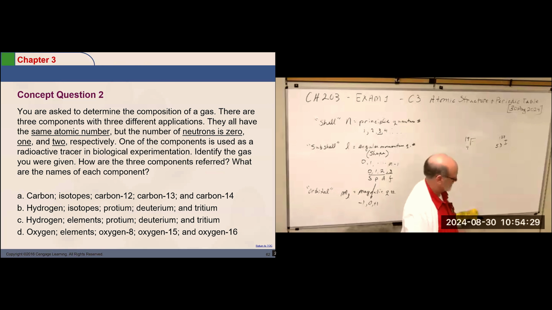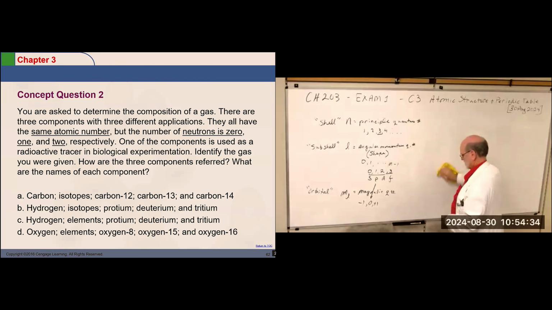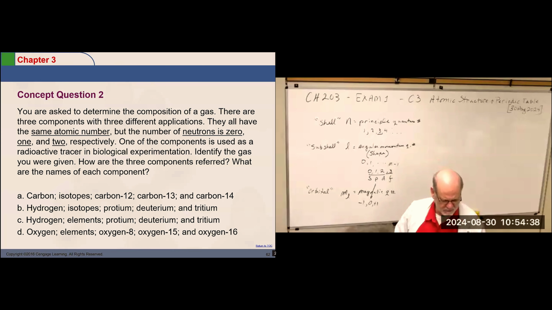All right, how about concept question 2? You're asked to determine the composition of a gas. There are 3 components with 3 different applications. They all have the same atomic number, but the number of neutrons is 0, 1, and 2, excuse me. Yeah, finish reading.